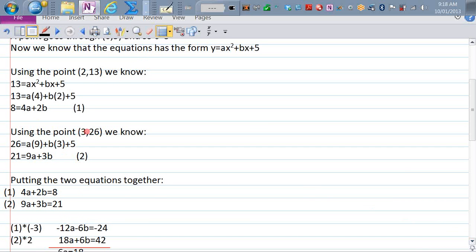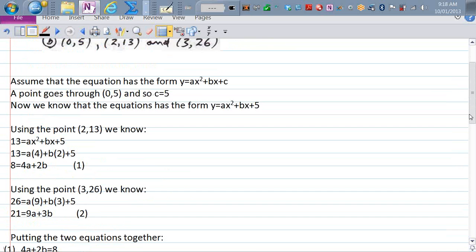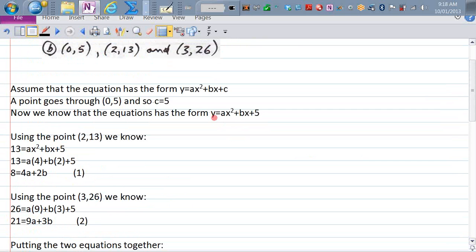Similarly, we know the parabola goes through (3, 26). So when x is 3, y is 26. So again, we put this back into this equation over here, and right here, 26. So we put 26 here, and we get ax squared.